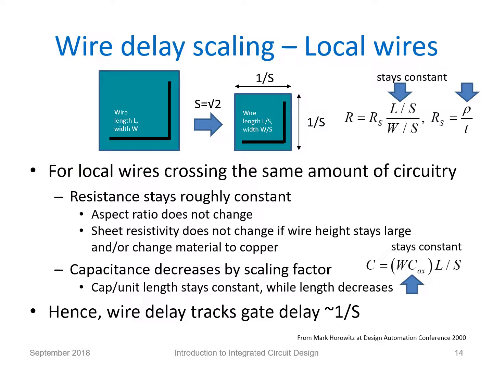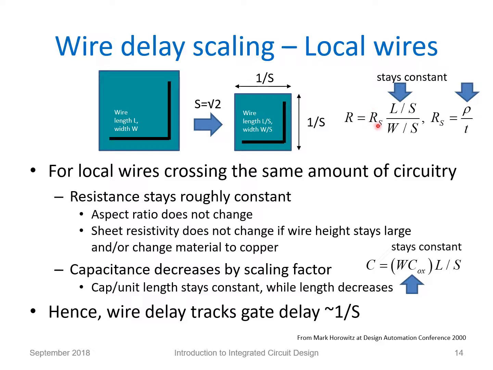For local wires, crossing the same amount of circuitry, the resistance stays roughly constant since the aspect ratio, L over W, does not change, since length and width are scaled the same way.